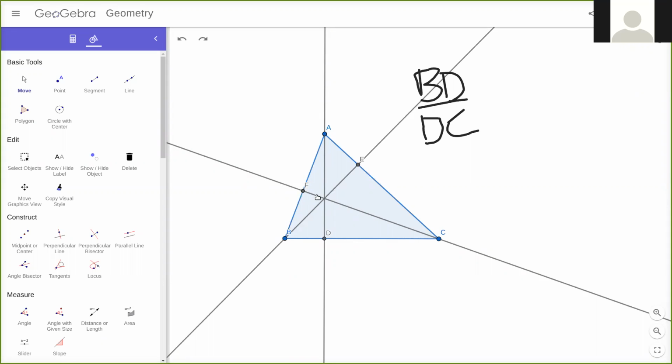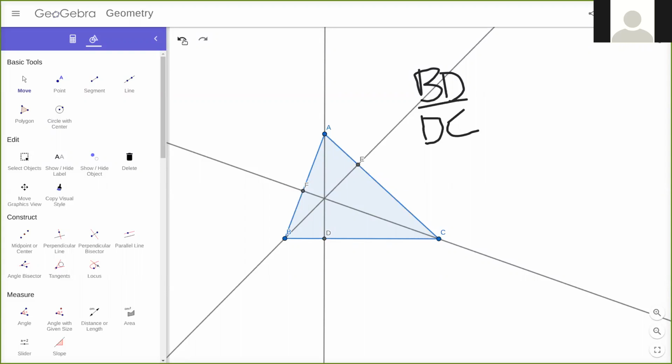Of course, you can show that they're concurrent by doing other pure geometrical manipulations. But if we want to use Ceva's theorem, then we want to find a trig form of Ceva's theorem.